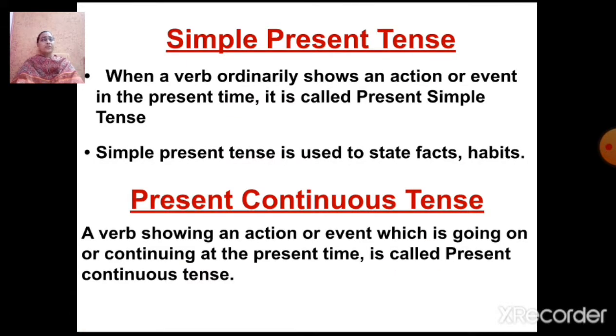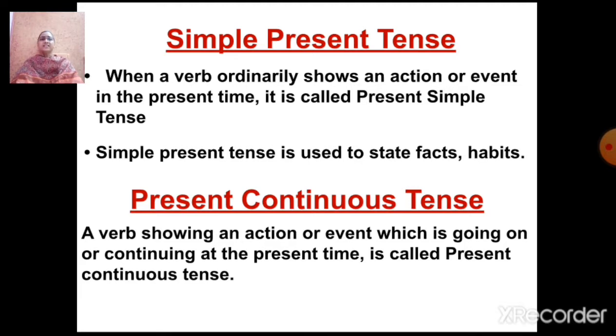Now we have already understood that present tense is again divided into four subcategories, that is simple present tense, present continuous tense, then present perfect tense and present perfect continuous tense. Now let's revise what is simple present tense. When a verb ordinarily shows an action or event in the present time, it is called simple present tense.